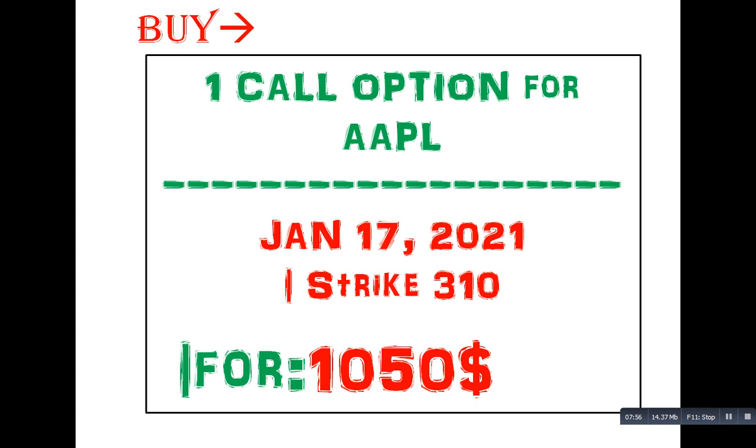We are going to buy one call, and one call size is usually 100 shares, expiring January 17, 2021, which is a little more than 1 year, with a strike price of 310, and you would have spent approximately $1,050 on it. So again, pretty close to what you are investing in stock. We are still betting on Apple growing within 1 year, just using a different instrument to invest, assuming the same market conditions.